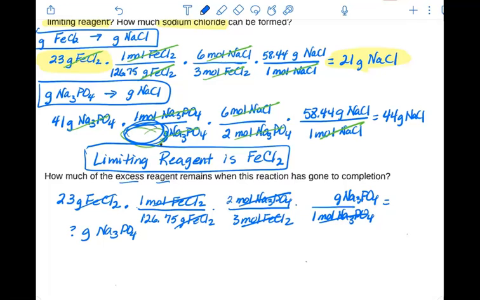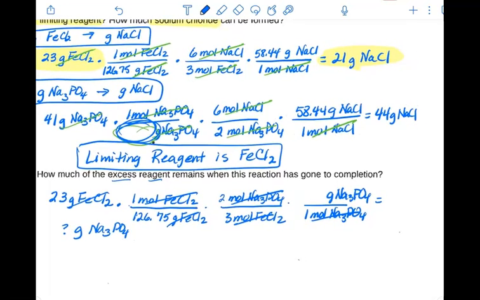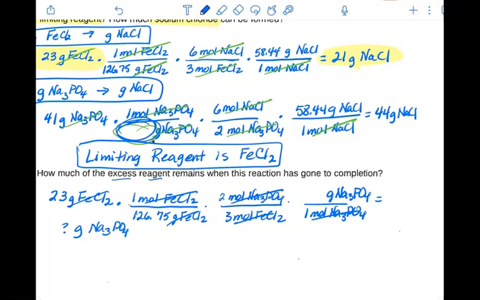Okay, now double check my numbers because I'm trying to pull this from doing it earlier. This, I believe, is 20 grams of sodium phosphate. So what that means is, just like I did above where I said 23 grams of iron chloride makes 21 grams of sodium chloride, in this case, if I do the recipe, 23 grams of iron chloride only needs 20 grams of sodium phosphate.